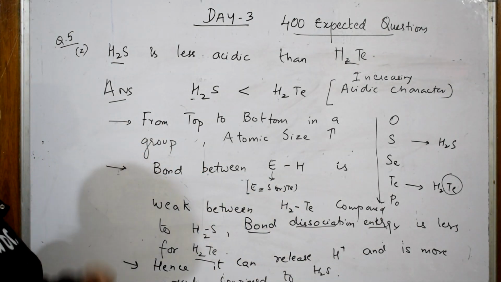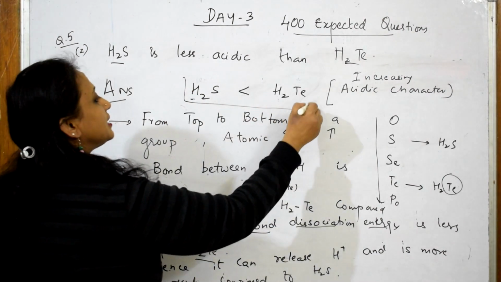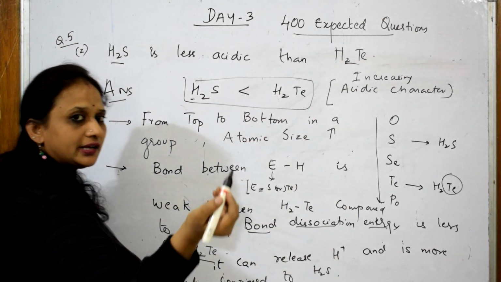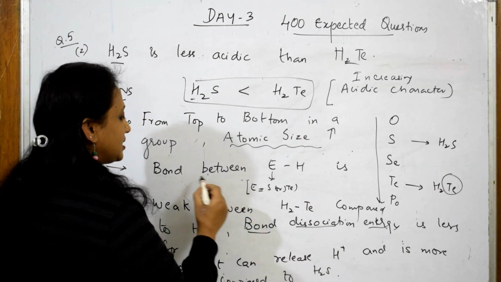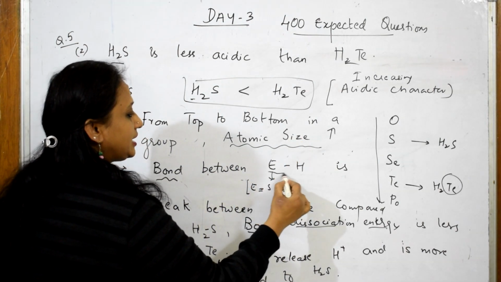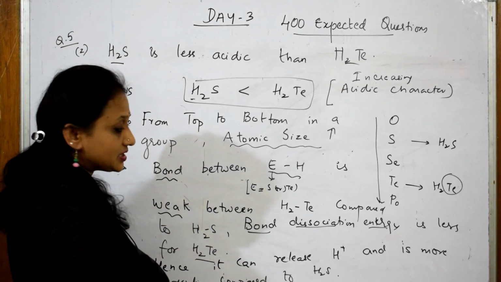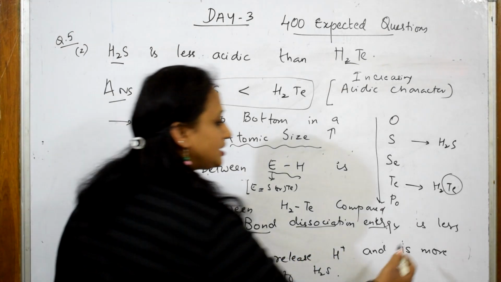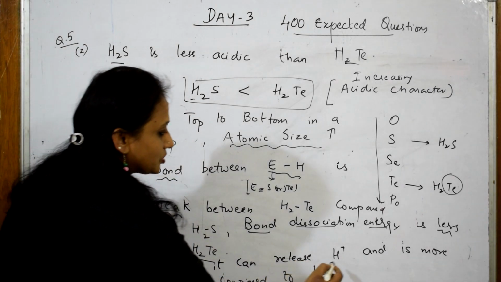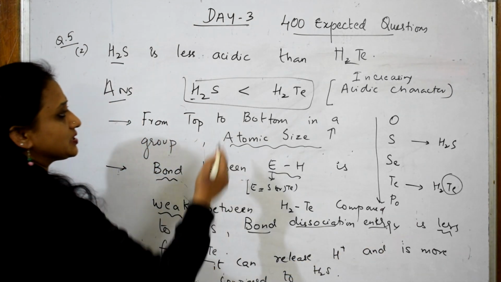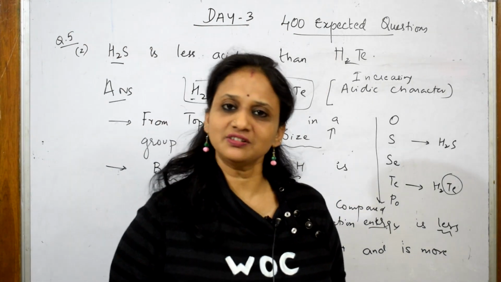That's all. Simple. I have written it in words. Take your pencil, underline: atomic size, yes. Bond between E and H, weak, yes. Bond dissociation energy, less. Hence H2Te can release proton and is more acidic than H2S. Simple question, yes, students.